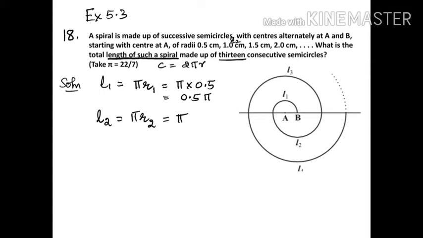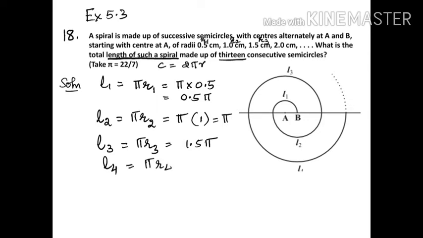Substituting in the formula, pi into 1 is pi. The length of the third semicircle will be pi r3, and the radius of the third semicircle is 1.5 centimeters. So 1.5 into pi will be the length of the third semicircle. Likewise, the length of the fourth semicircle, pi r4, is equal to 2 pi.